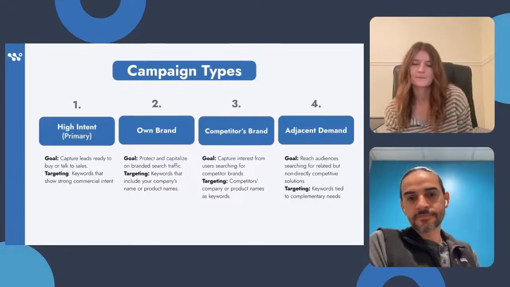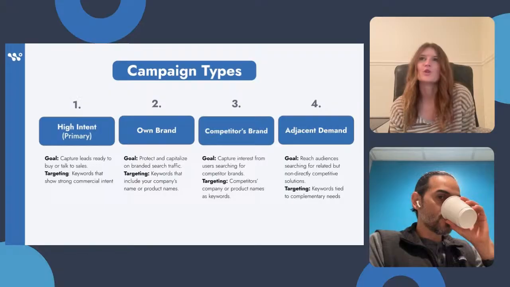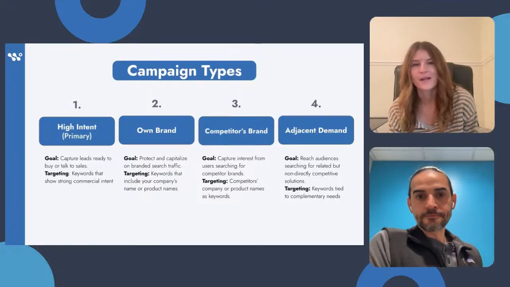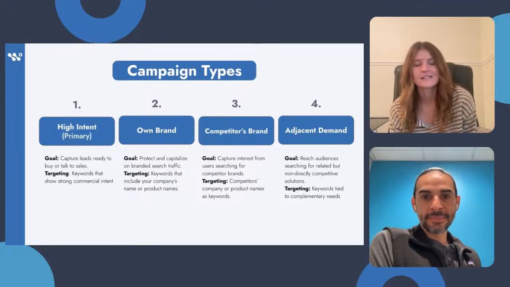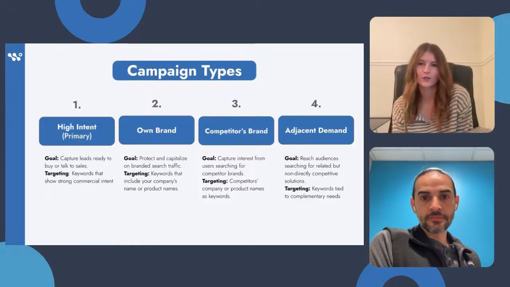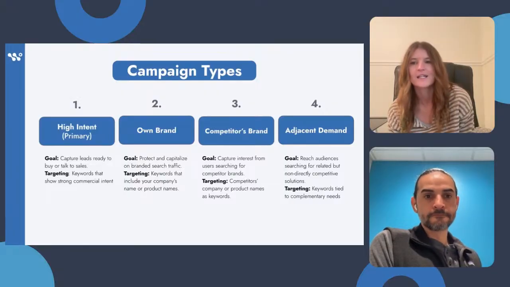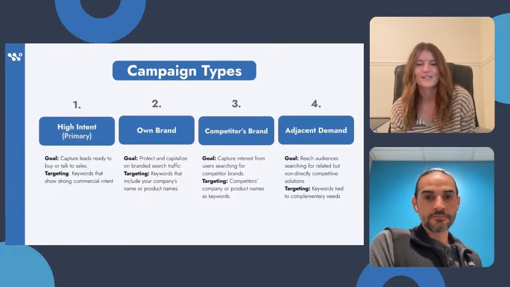Yeah, I agree. And going back to what you said, when we talk about building a competitor campaign, really where you're mentioning the competitors is in the keywords, not necessarily the ad copy. So it doesn't have to come across as aggressive.